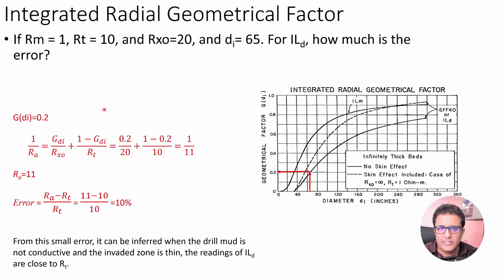Now let me give you an example of how it works. Assume that RT is 10 ohm meter, RXO is 20 ohm meter and DI is 65 inches. What we want to do is estimate RID.